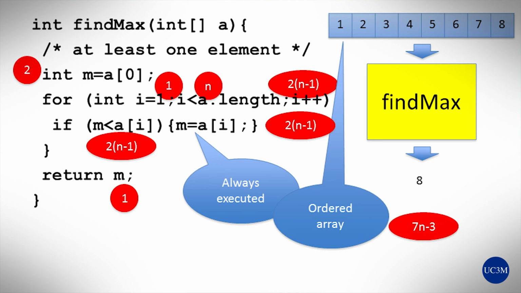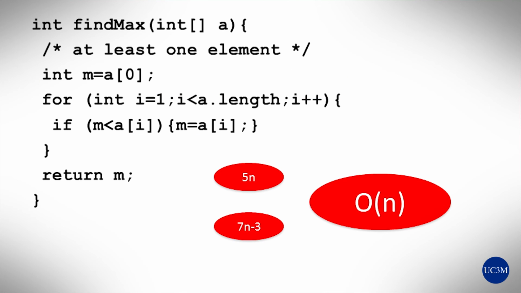Now the final result is 7 times n minus 3. Between the two extreme cases, we might have others where the statement is executed sometimes and sometimes not. So in general, the number of operations will be between 5n and 7 times n minus 3.